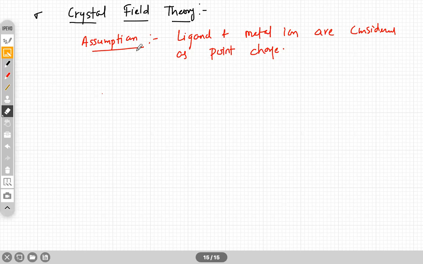Next line: the complex is regarded as the combination of CMA, that is central metal atom, surrounded by the ligands.